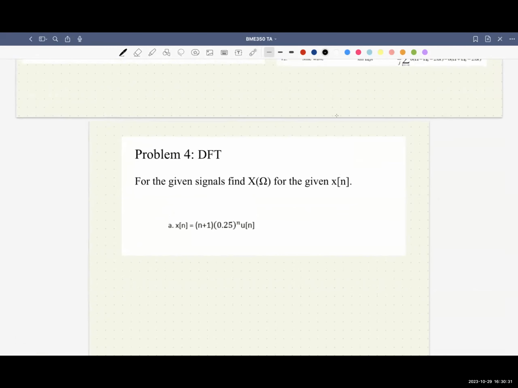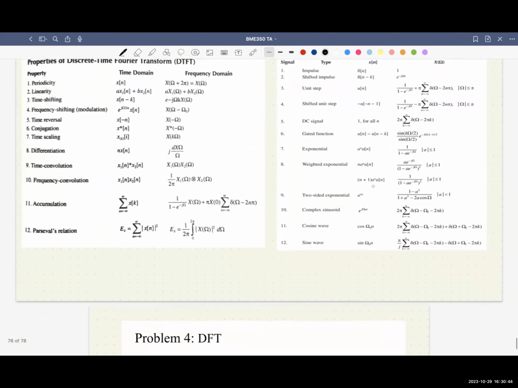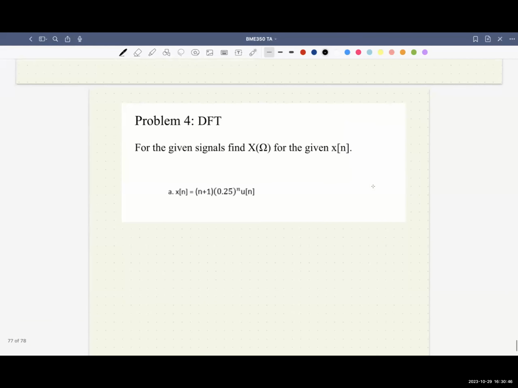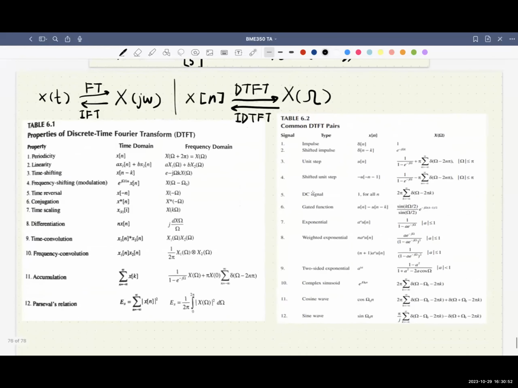Can anyone give me a suggestion of what property or pair I should use with this one? One of the properties, I would say, would be time shifting.